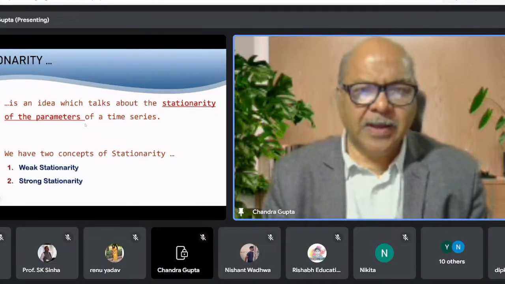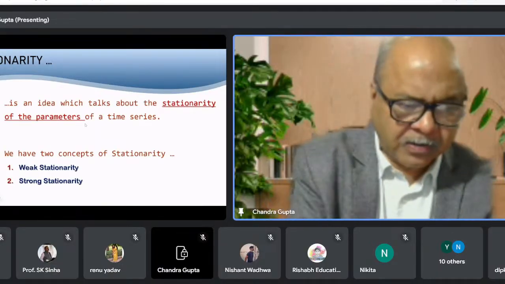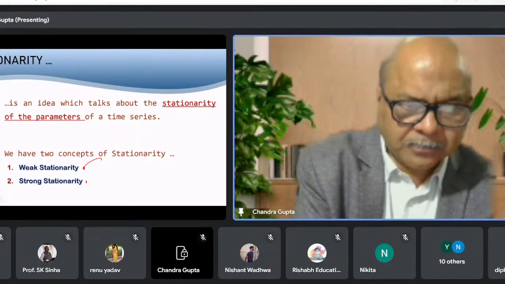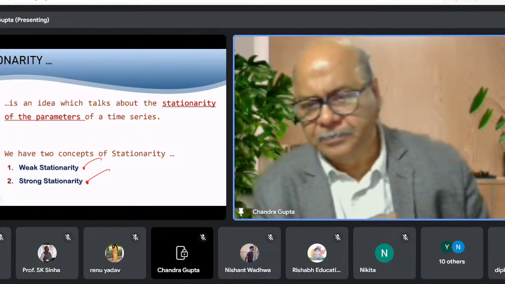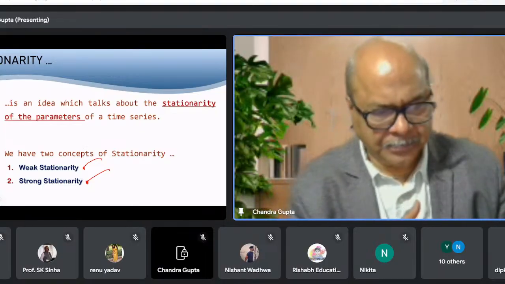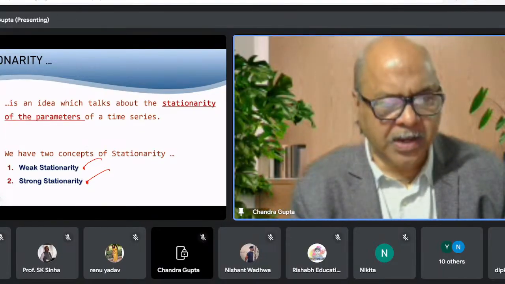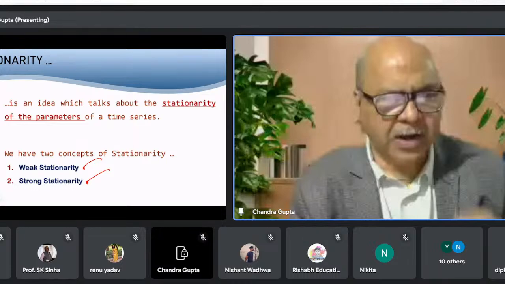We have two types of stationarity, weak and strong. So now let's understand what is weak stationarity and what is strong stationarity.